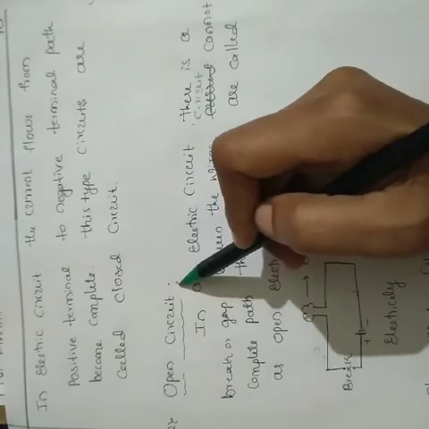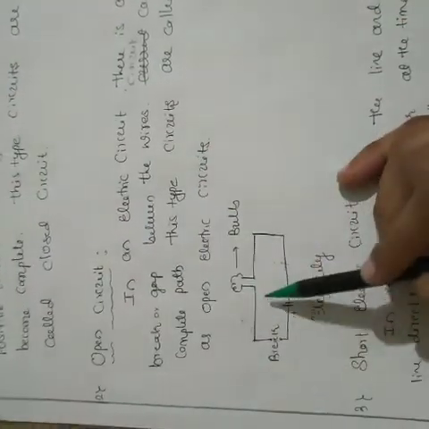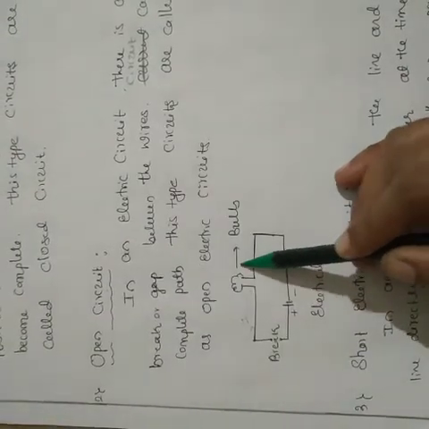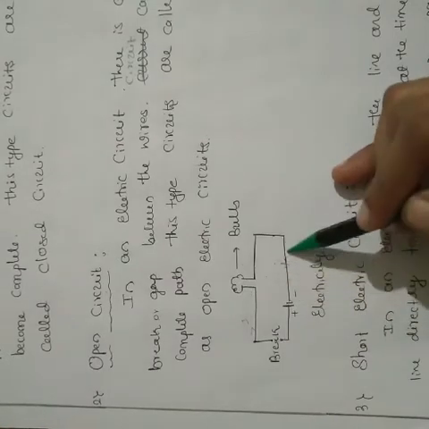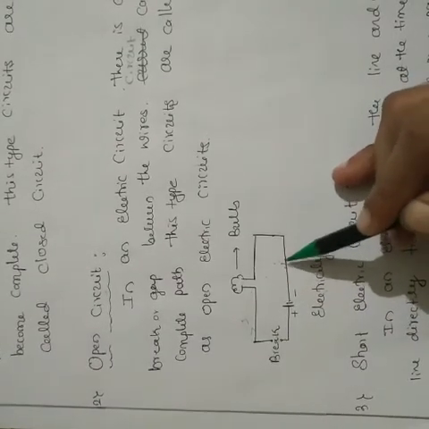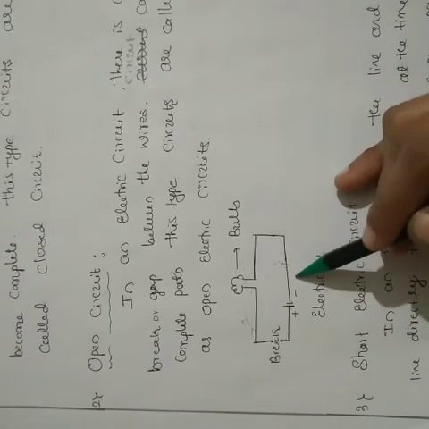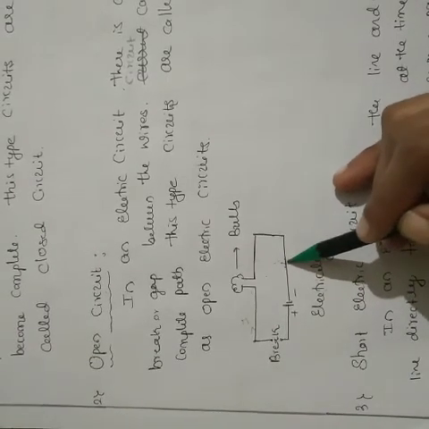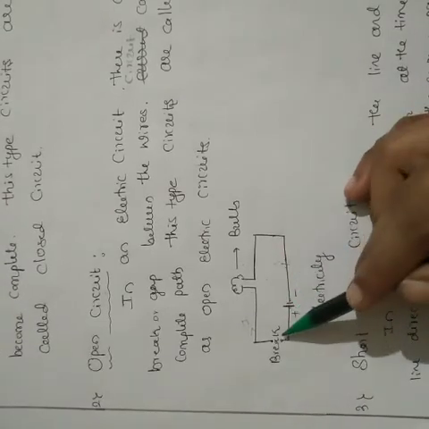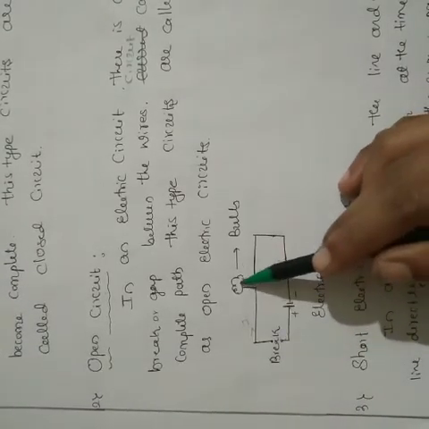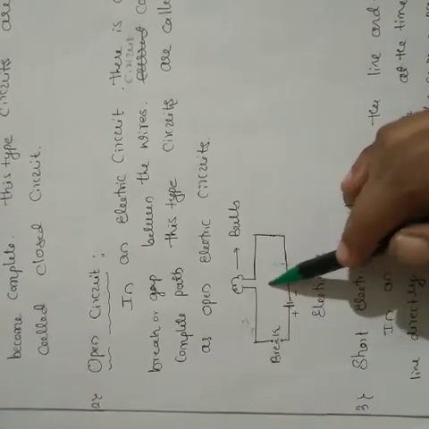Then open circuit, as the name indicates, becomes open. You can take the same example: one bulb, the electricity, the connecting wires, and one controller. The current should flow from the positive terminal to the negative terminal when the switch is on, but here there is a break between the load and the source, so the path becomes incomplete.